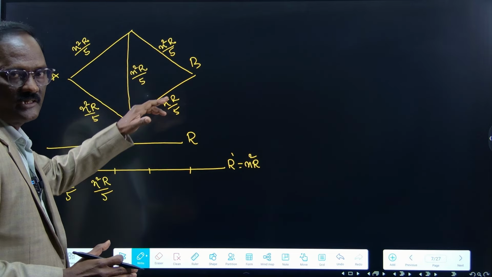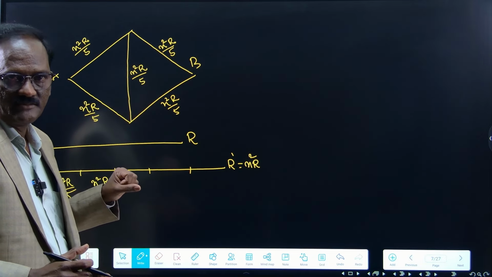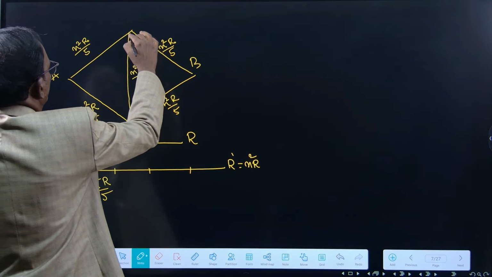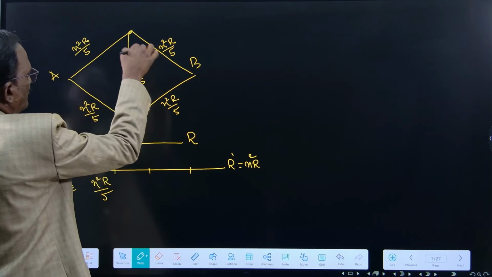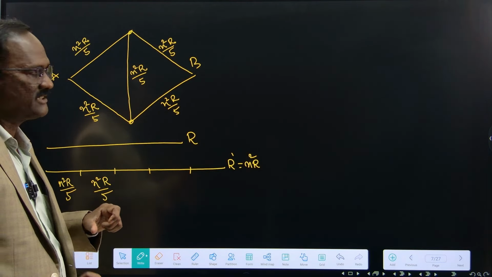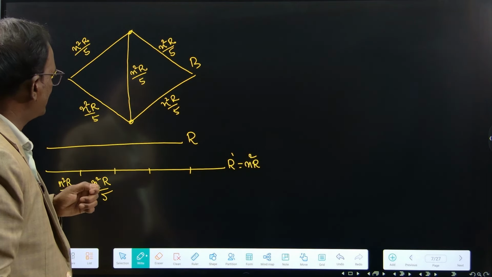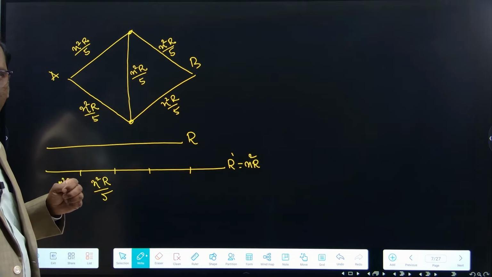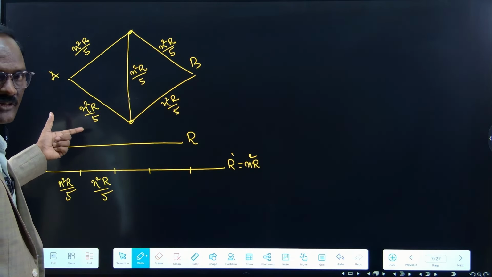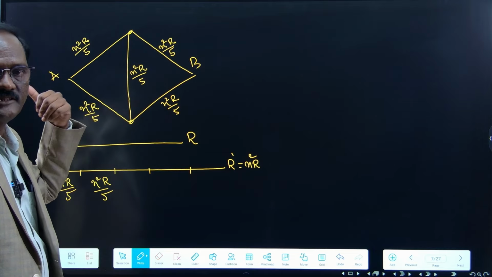Same value, right? If you look at the arrangement, we have discussed earlier, if there are 4 nodes and 5 resistors, you look for whether Wheatstone bridge arrangement is coming. Yes, this is your Wheatstone bridge arrangement. Whether it is a balanced one or not, yes, balanced one. N square r by 5 divided by n square r by 5 is equal to this ratio, right?